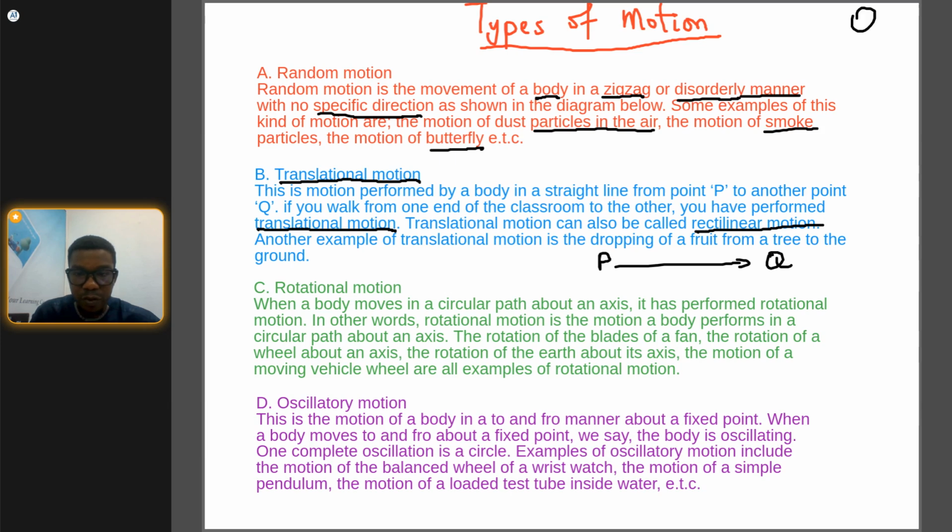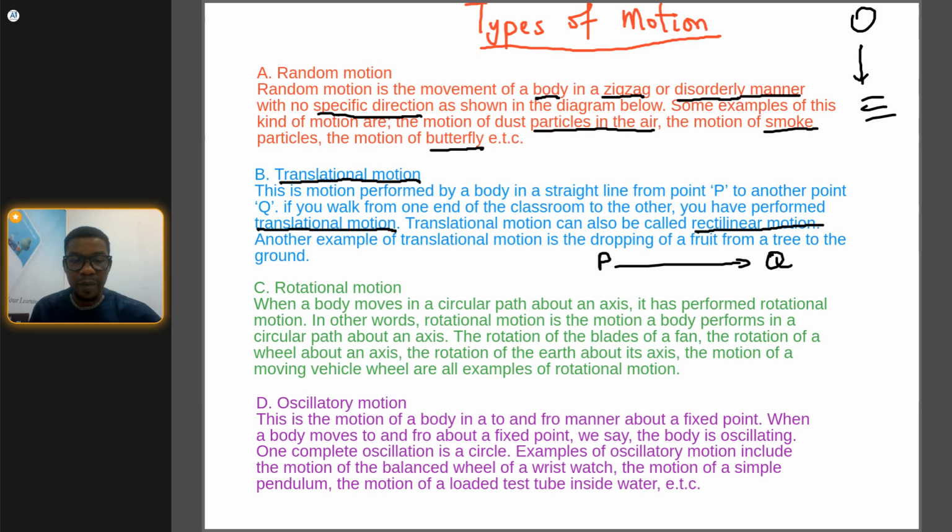A fruit dropping to the ground is also translational motion. So let's look at other examples we can have. A boy moving from point A to point B, translational motion. A car moving from point A to point B, translational motion. And we also cited that a fruit falling from a tree is also translational motion.